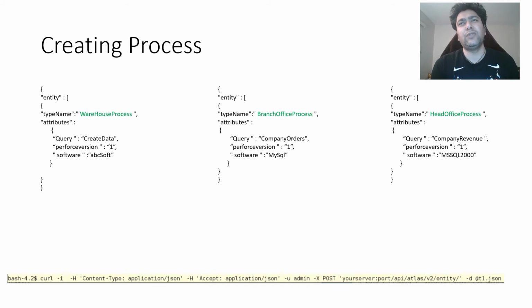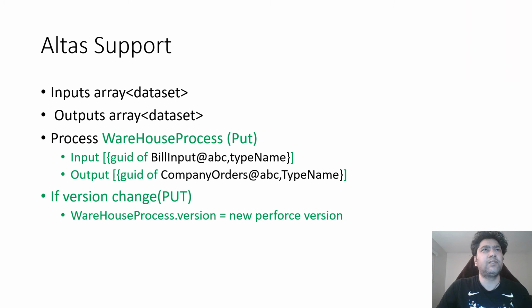In case of branch office, it is MySQL, and in case of head office, it is MS SQL 2000. The reason for the Perforce version is that if the query keeps on evolving, we will know which Perforce version this corresponds to, as our process keeps on being modified. And you can use a similar query as previous to create the entities for them.